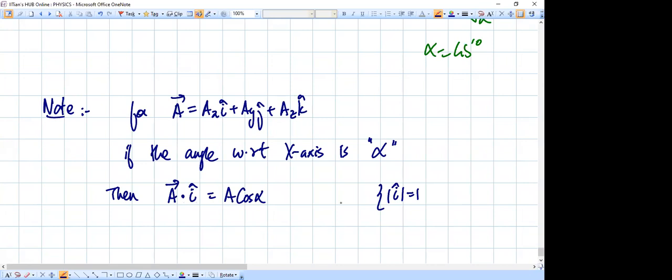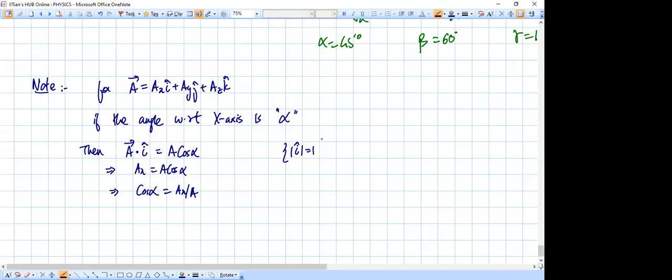So instead of B, take I cap. The magnitude is unity and the angle is alpha. So A dot I cap is nothing but AX. So cos alpha is AX by the magnitude of A. Like that for beta and gamma also.